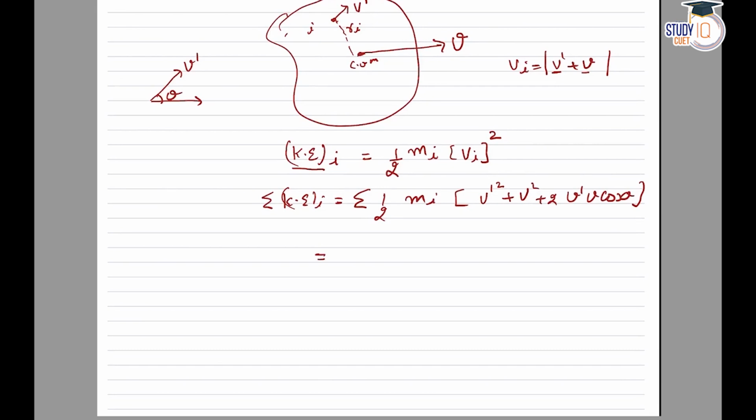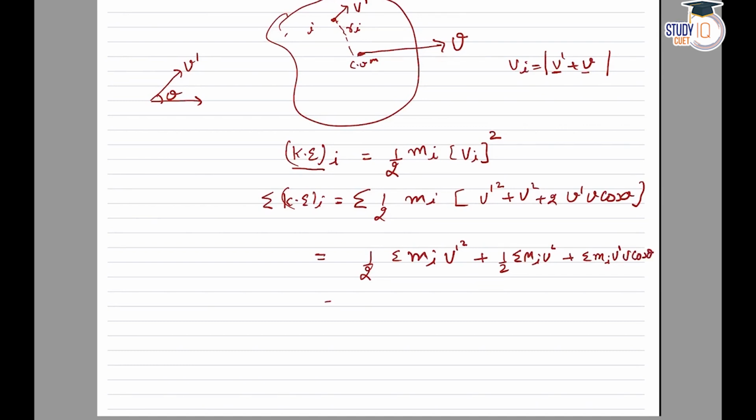So this can be converted into half sigma mi into v prime square, plus half sigma mi into v square, plus sigma mi into v prime into v cos theta, the last part.